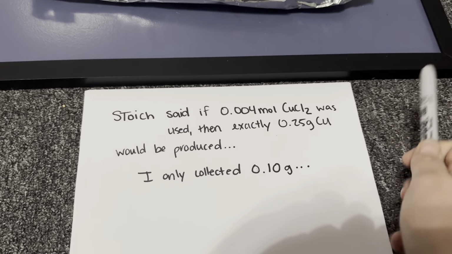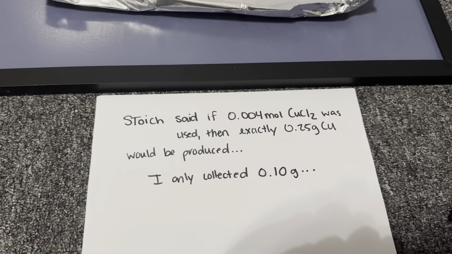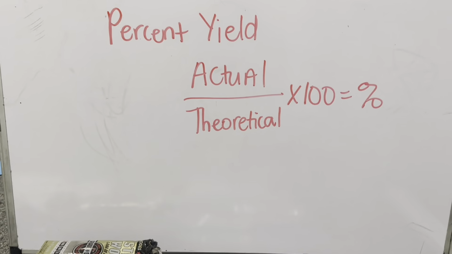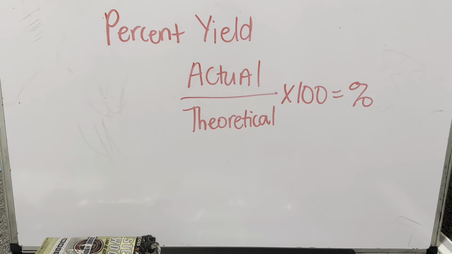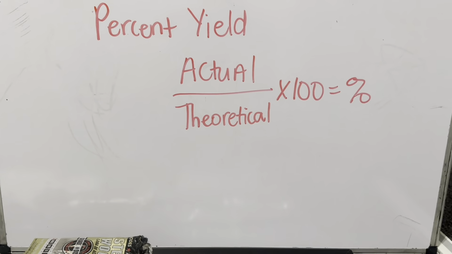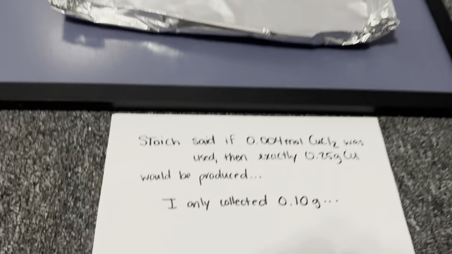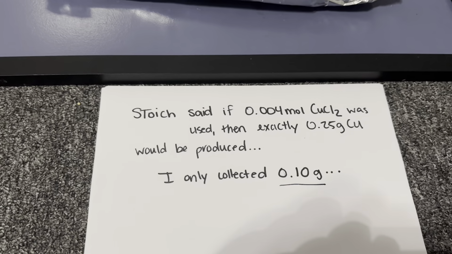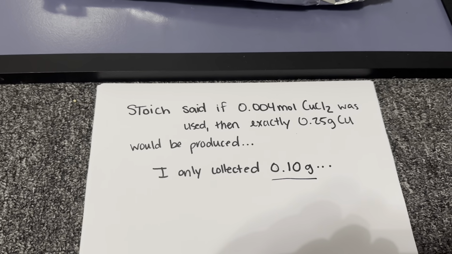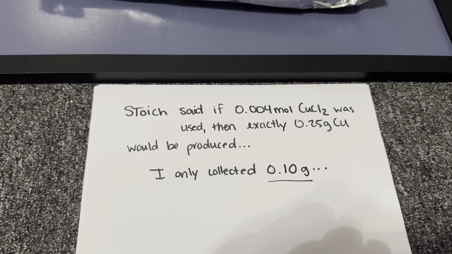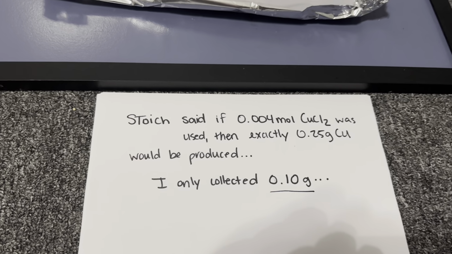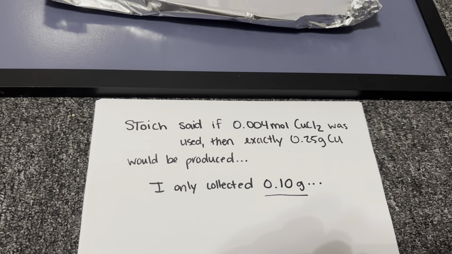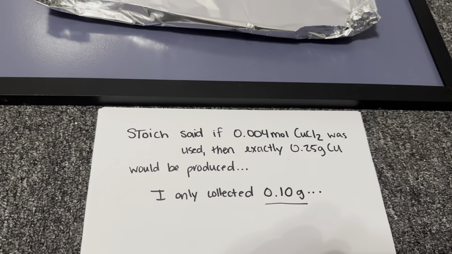So if I wanted to calculate my yield for this reaction, I would look at my actual, what I in the real world physically collected, and I would compare that to what stoichiometry told me I should have gotten. The hardest part about these problems is figuring out what's the actual and what's the theoretical. Sometimes you see the words flipped, and it will be the experimental versus the theoretical, or the experimental versus the actual.